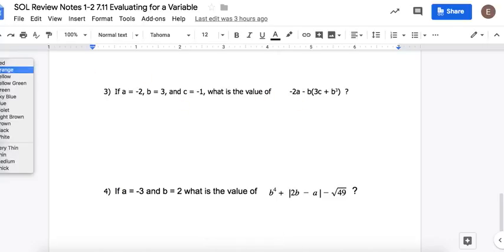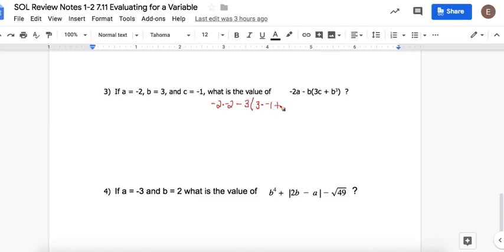So we are going to start out with -2 times -2, because number in front of letter means to multiply, minus 3, parentheses, 3 times -1, plus 3 to the third power.